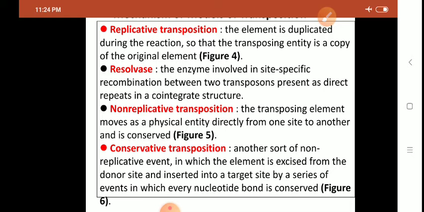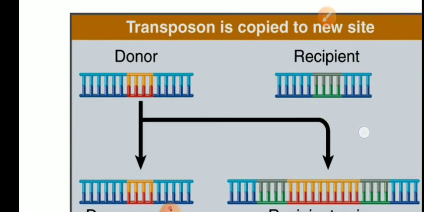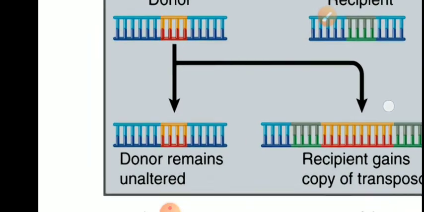Though it is a non-replicative event, meaning the transposon is not replicated, it moves from donor site to target site, but every nucleotide bond is conserved and hence a copy can be synthesized. Now here you can see the replicative mode of transposition.